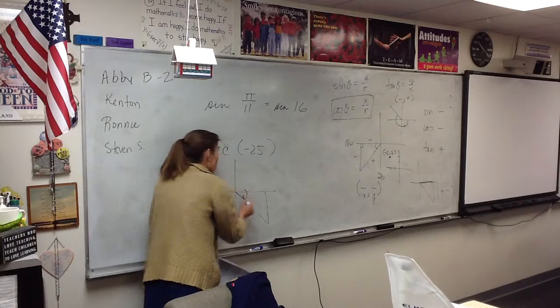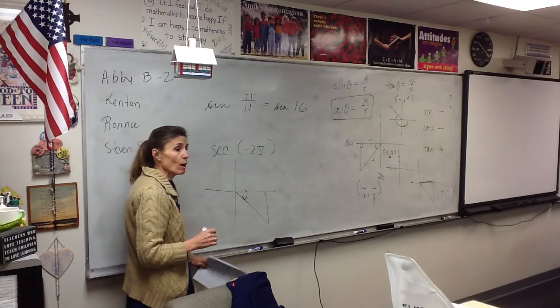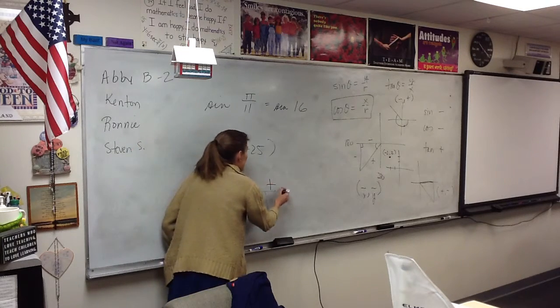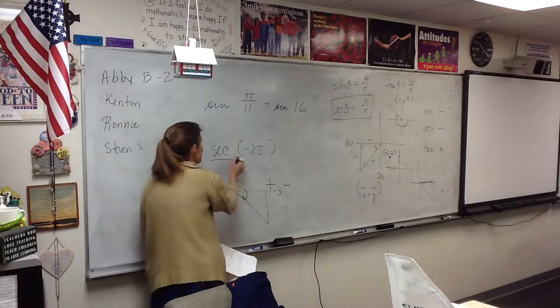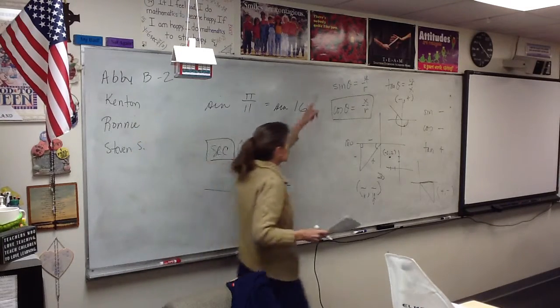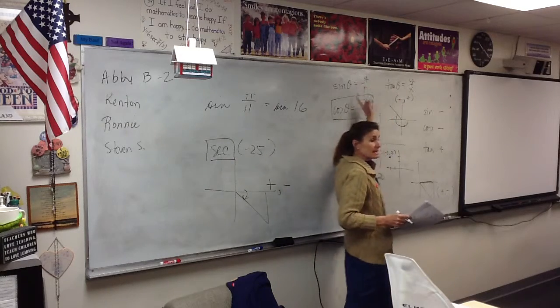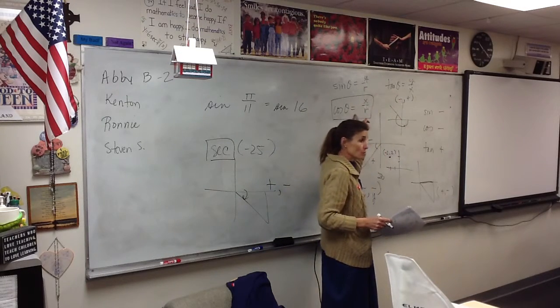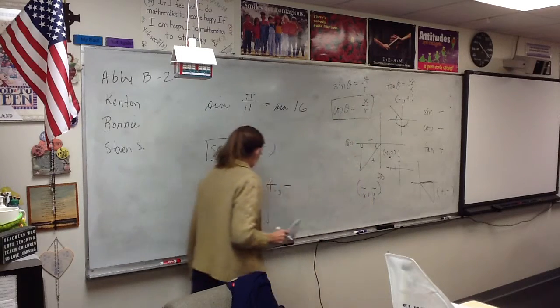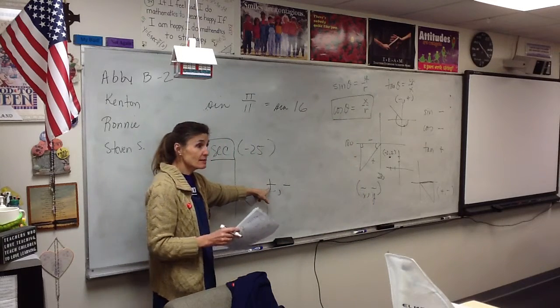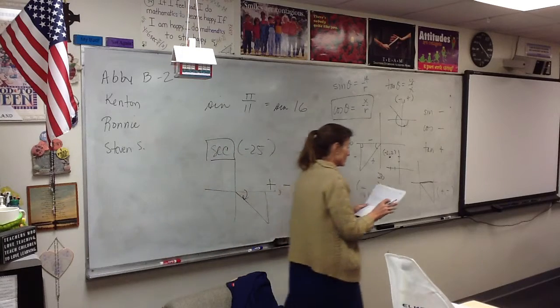What do I know about points in quadrant 4? Positive, negative? Now I want the secant. Which of these does secant go with? Cosine. So I need to look at x. X is positive, so the answer is positive.